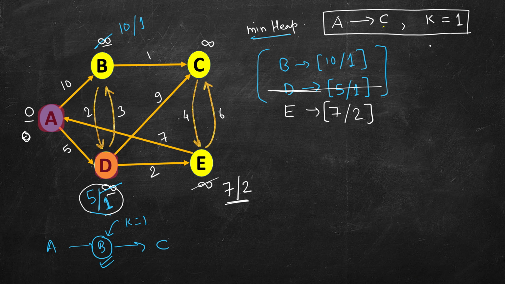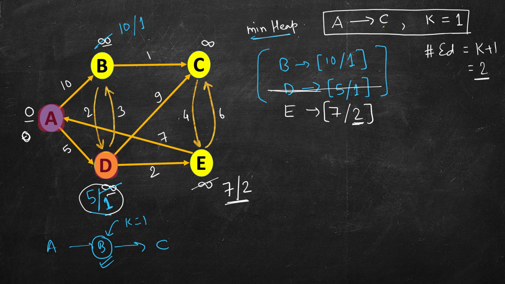So here the maximum number of edges can be k plus 1, or 2. So next time when we pop out an element having an edge count of 2, we will not look at its neighbors, because all its neighbors will have 3 edges and we can take a maximum of 2 edges. So we have inserted E into it.